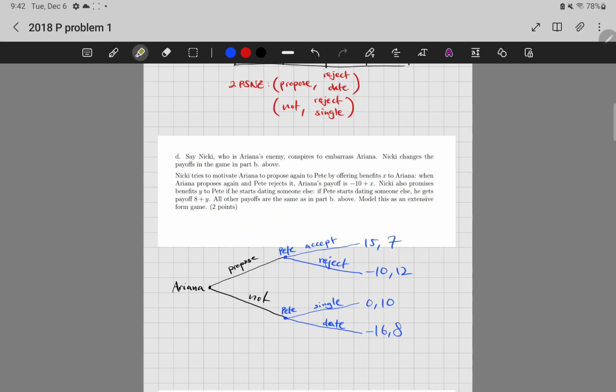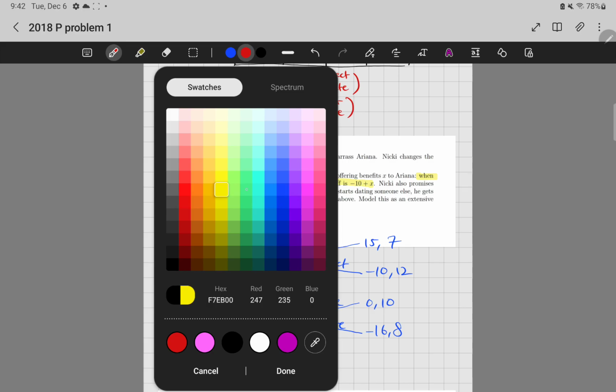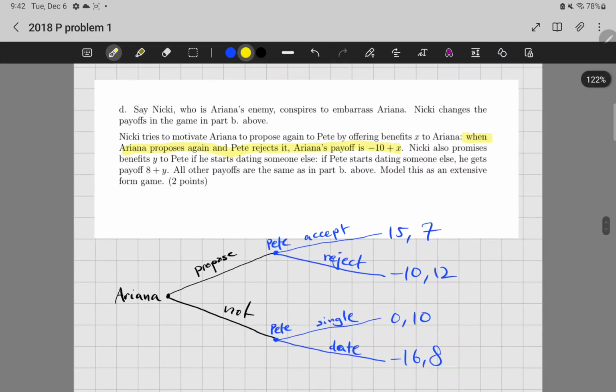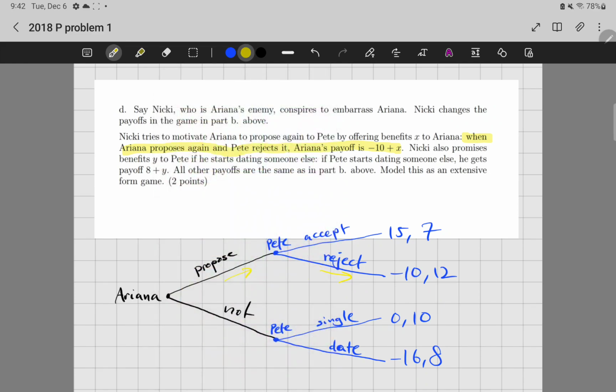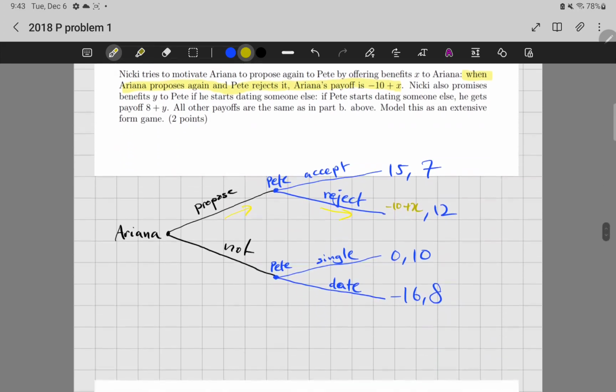The changes are, when Ariana proposes again and Pete rejects it, Ariana's payoff is -10 plus X. So let's choose yellow. Let's make it something more visible. Ariana's payoff is negative 10 plus x, so instead of negative 10, it's negative 10 plus x.